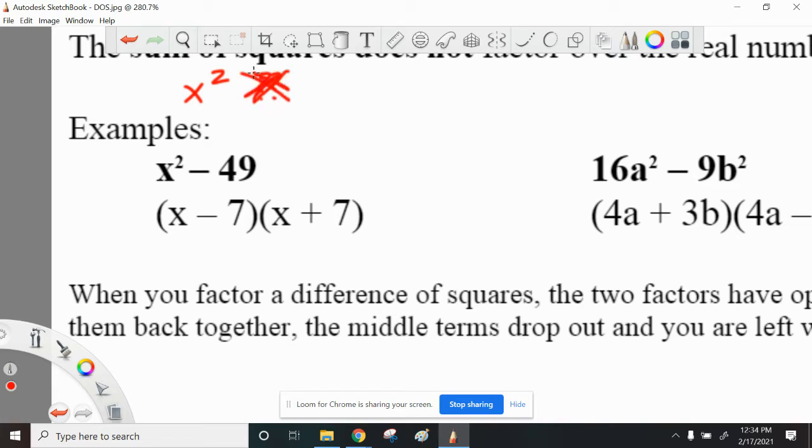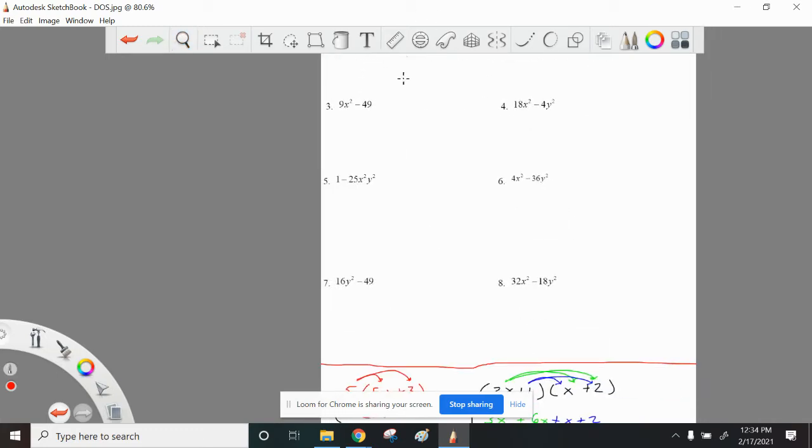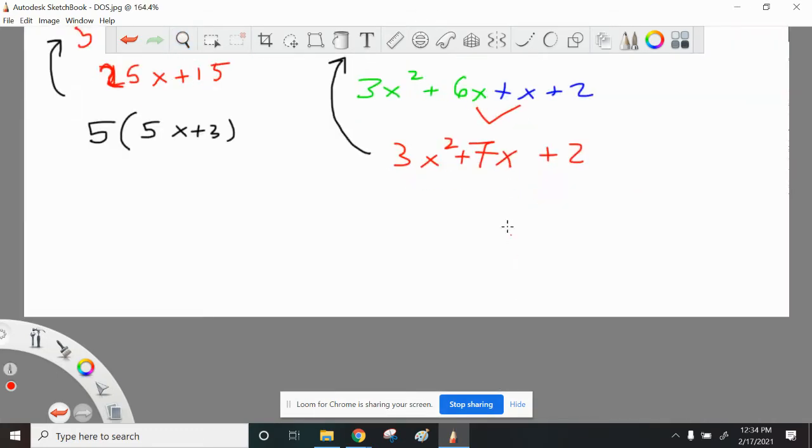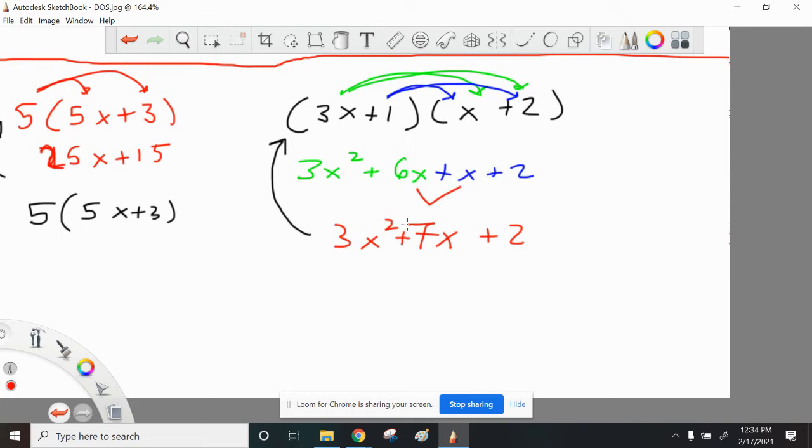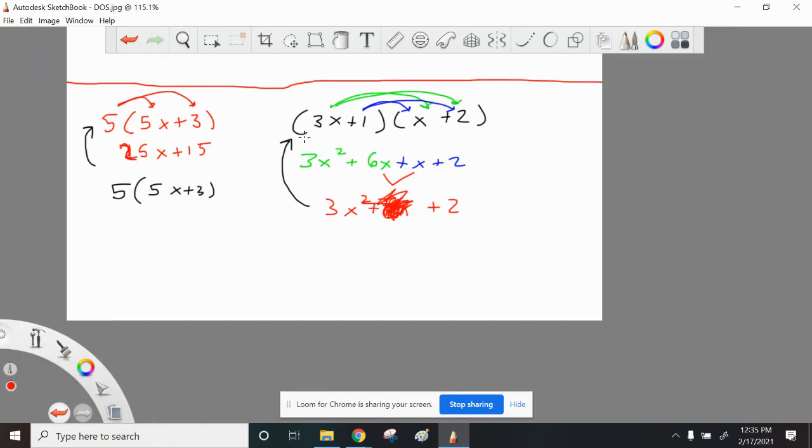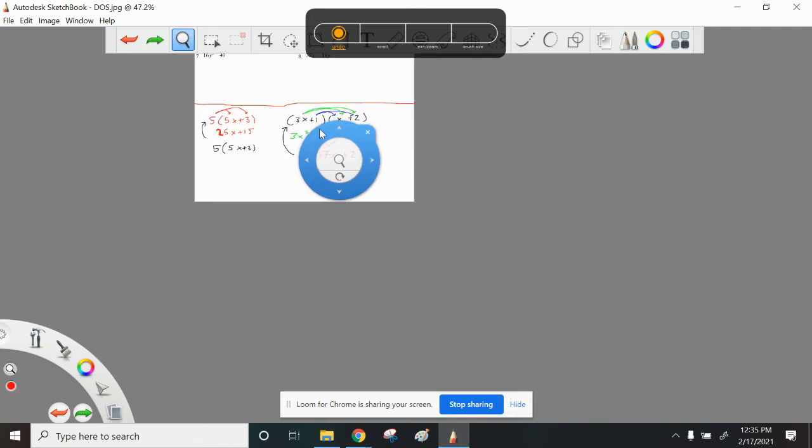I guess I don't want to use x because we already have x's. But we have no middle term, and then we have the number at the end that has no x's at all, okay? And so, sorry I have to scroll down so far, but again, we're going to try to go from this triple back up to these doubles, but we don't have this middle term at all, which is definitely weird. It's definitely unusual, and that's why we're working on it.